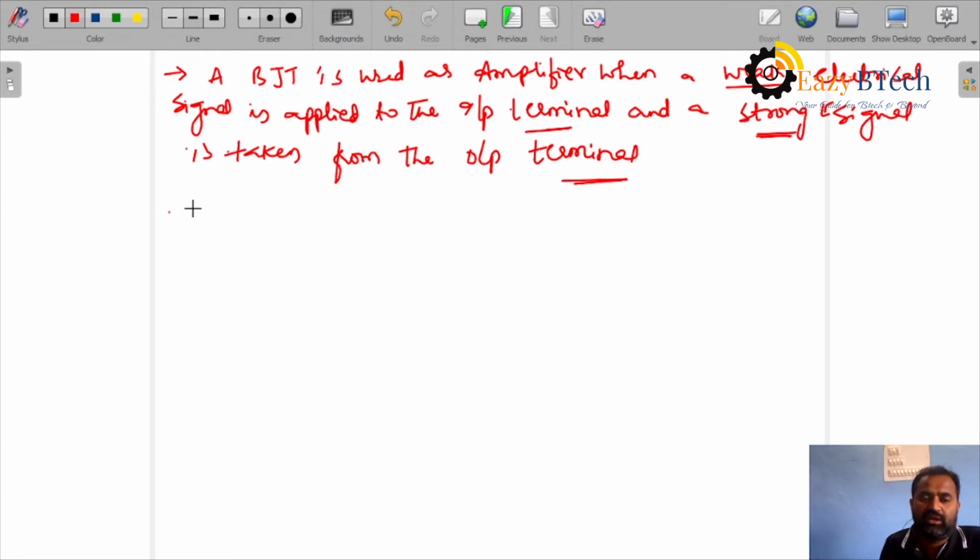Okay, and simply say, classification of transistor configurations.